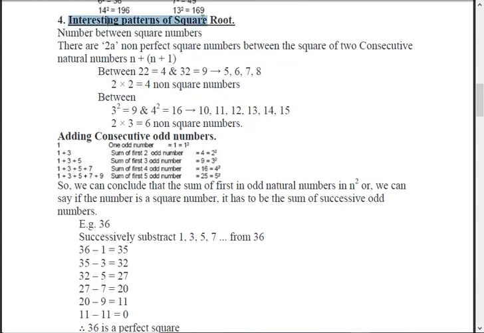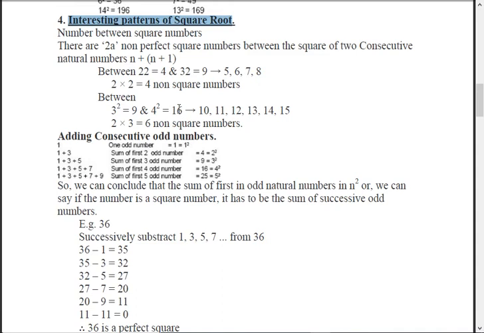Now, important pattern, interesting pattern of a square root. Before reading this, I'll just give you the gist, what it means actually. This text is quite confusing. The important part is, if you take any two consecutive numbers and make the perfect squares, then how many numbers would lie between those two squares? See this, 3 and 4. 3 square is 9 and 4 square is 16.